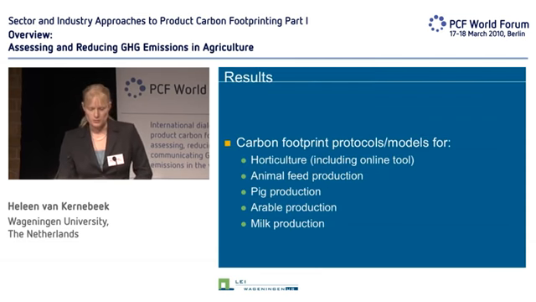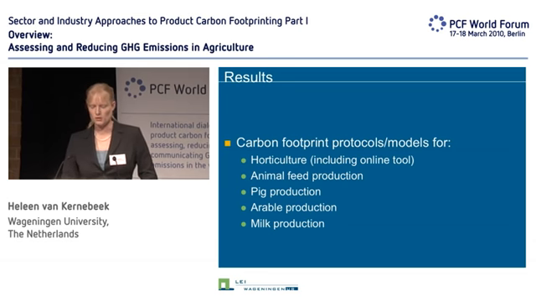Well, we have tried to tackle some of these issues, and for now I called it the best practice. Within Wageningen University and Research Center, together with partners, we have developed some protocols and models for different sectors within agriculture. One is the horticultural protocol, which my colleague Anne Gaasbeek will later on get more into detail in. This is a protocol for which we have also developed an online tool for primary producers to compute their own greenhouse gas emissions.